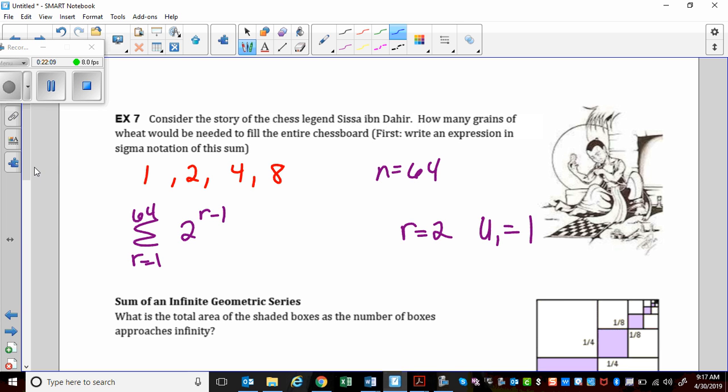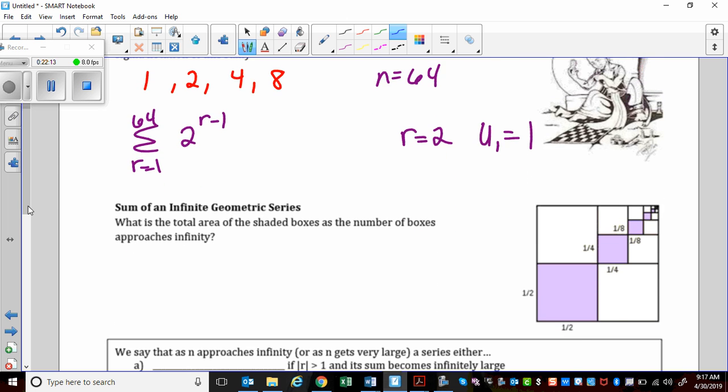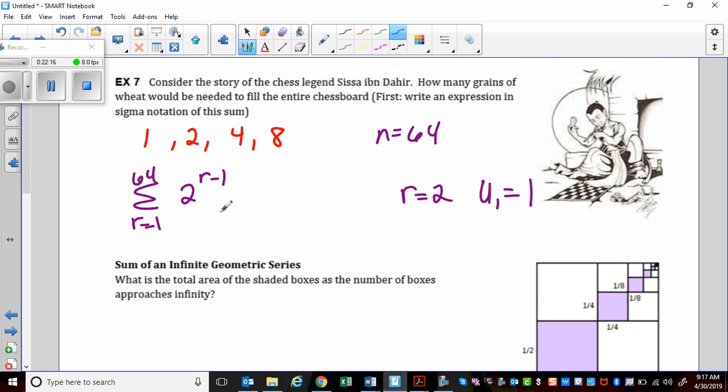If we wanted to calculate the total number of grains of wheat this king would have had to pay, S sub 64 is the initial times 1 minus 2 to the 64, over 1 minus 2, the ratio. Alrighty, if you put this into the calculator, it's a big number.